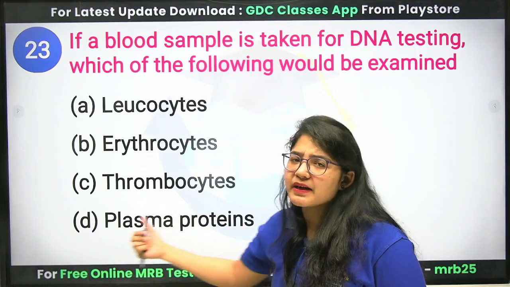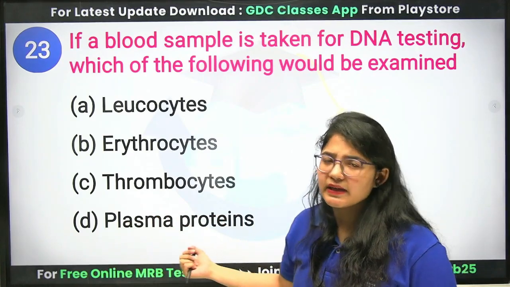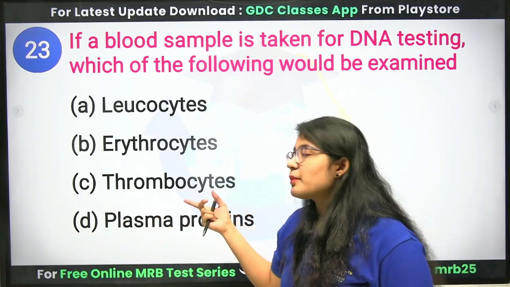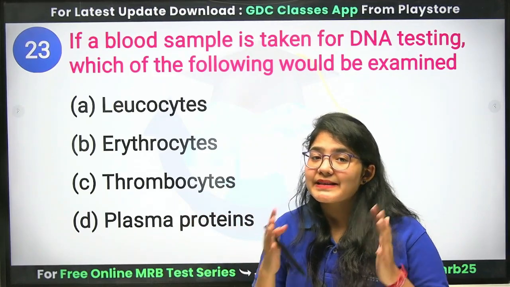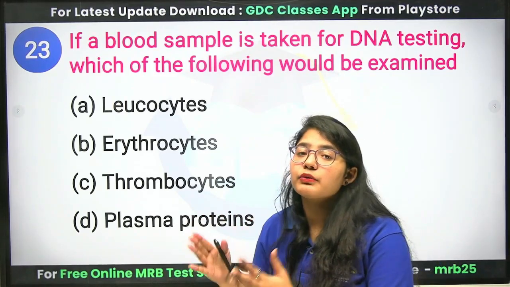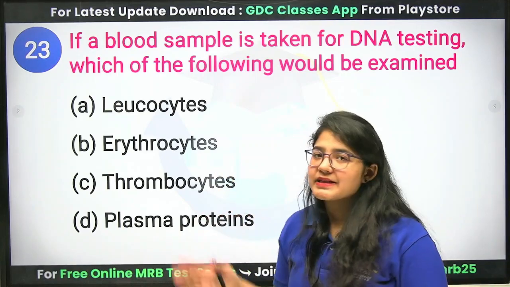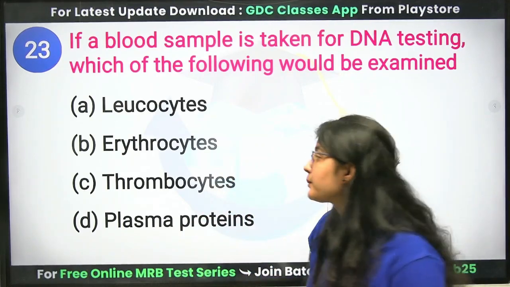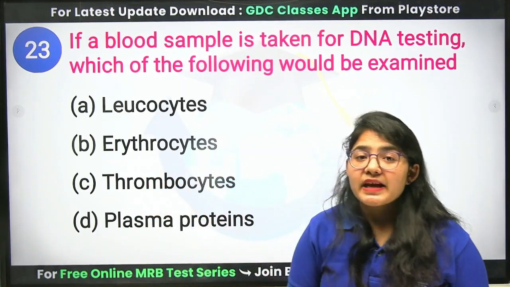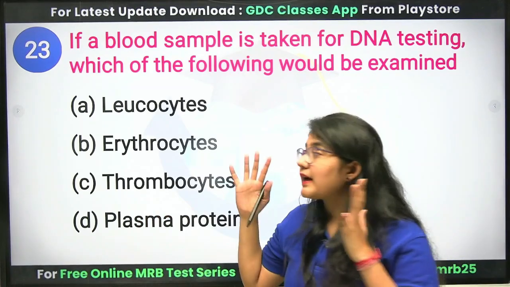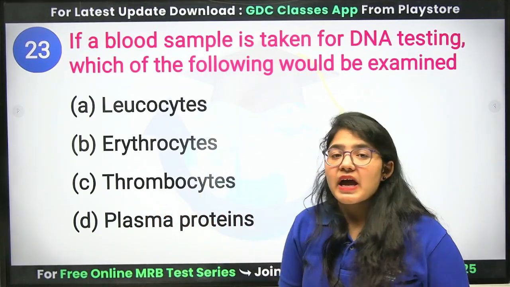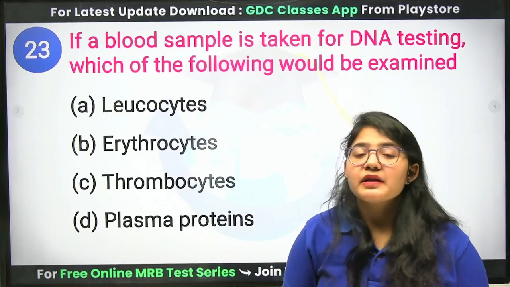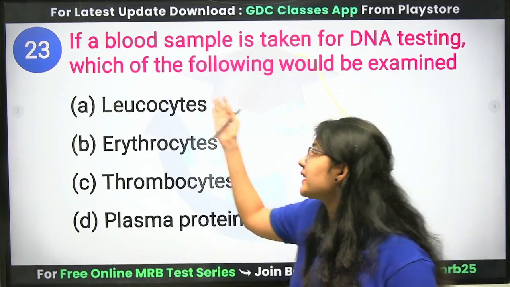Plasma is the liquid part and doesn't contain any genetic material. Thrombocyte is your platelets, and I had already informed that platelets don't have a nucleus. Erythrocytes, that is red blood cells, also do not contain any DNA, so they are not responsible for DNA testing.